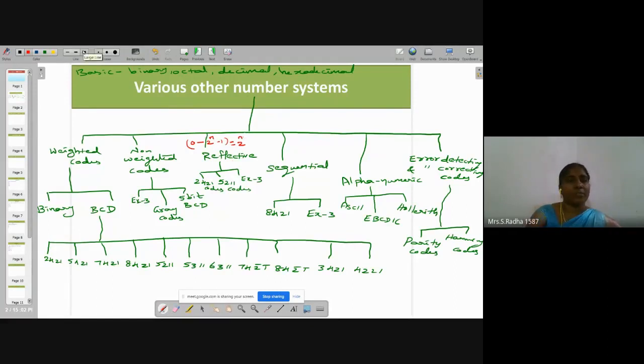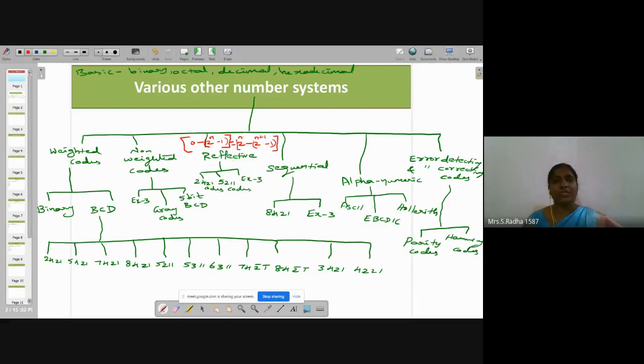I didn't give you the clear picture. So 0 to 2 power n minus 1, whatever numbers are there, this is one set of numbers. And the numbers will be the same as 2 power n to 2 power n plus 1 minus 1. This type of codes are called reflective codes.